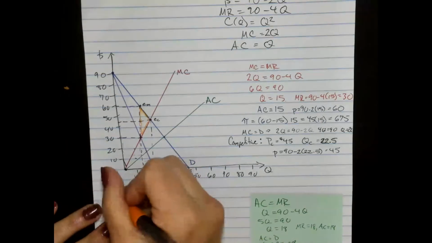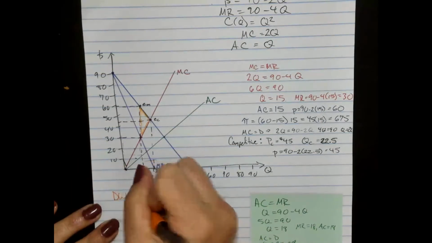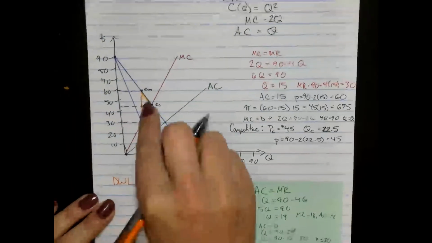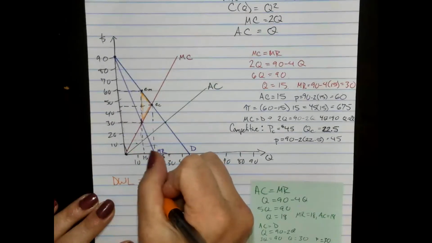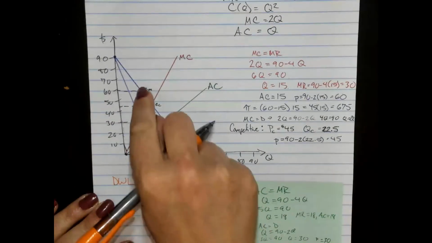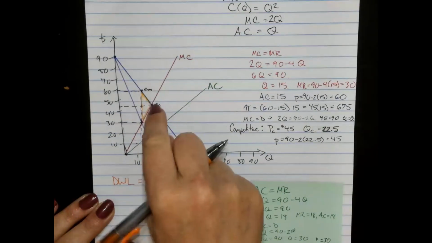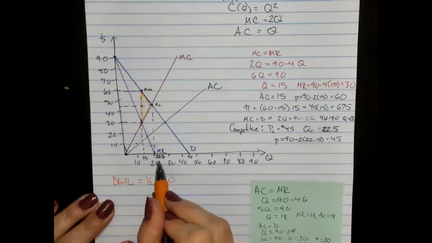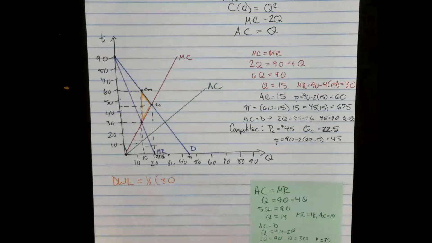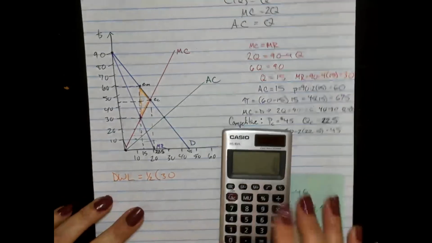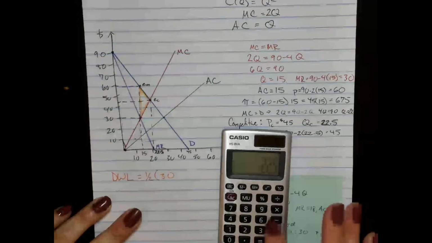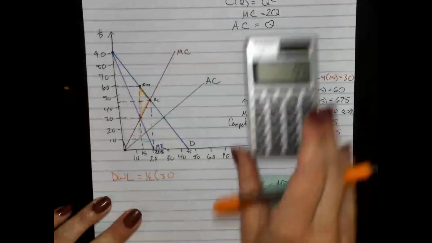So let's see if this comes up. Deadweight loss is equal to the area of this triangle. So it's going to be 1/2 base, 60 minus 30, which is 30, times height. And the height is 22.5 minus 15. So let's go ahead and put that in here. 22.5 minus 15 gives us 7.5.